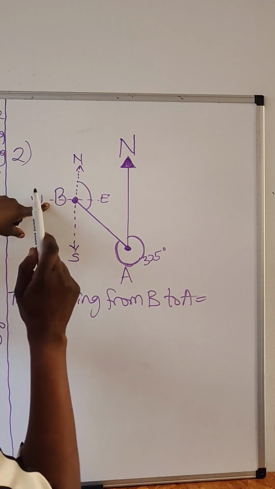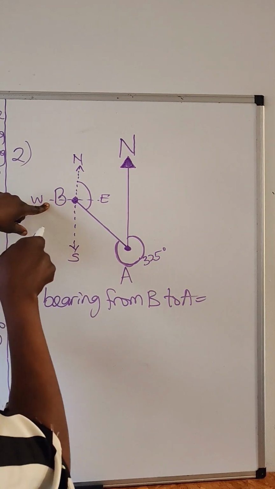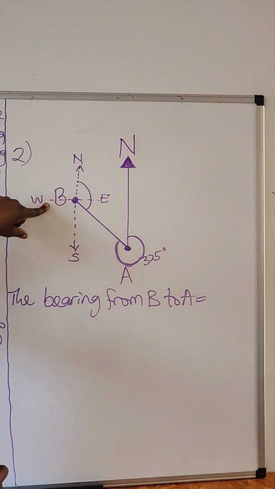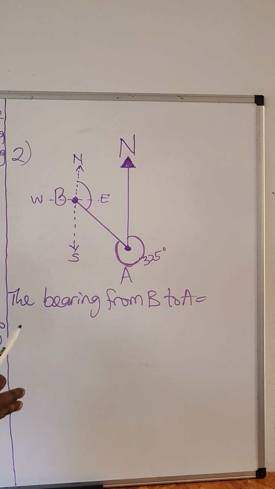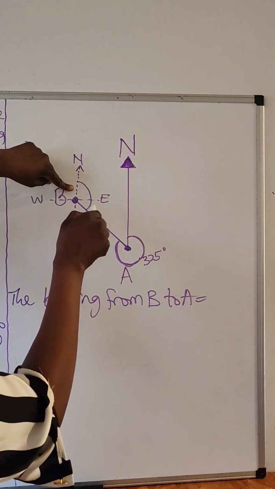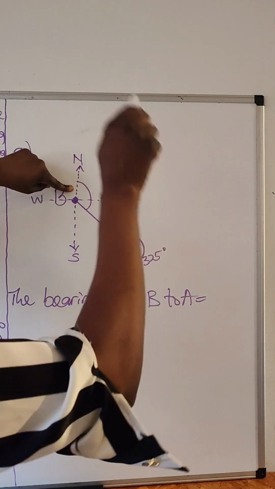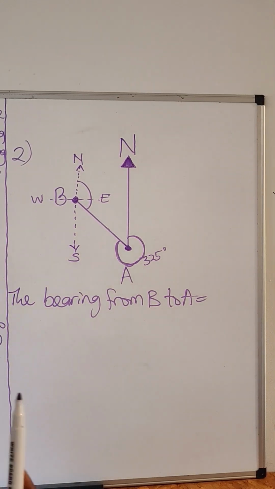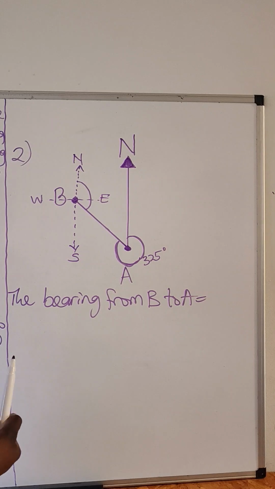It can also be called the bearing of B from point A. And what we are asked to calculate is the bearing from B to A, which we can call the bearing of A from point B. So I still want to do it in the two methods that I used for the first one, and which I used in my last video.